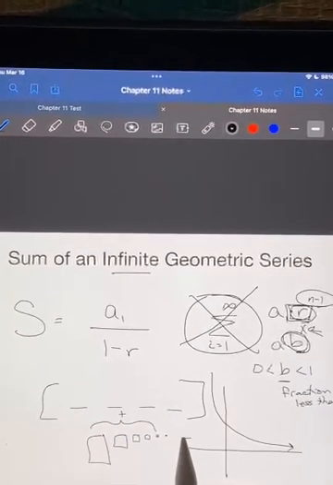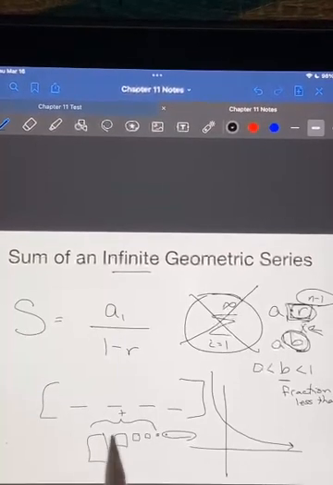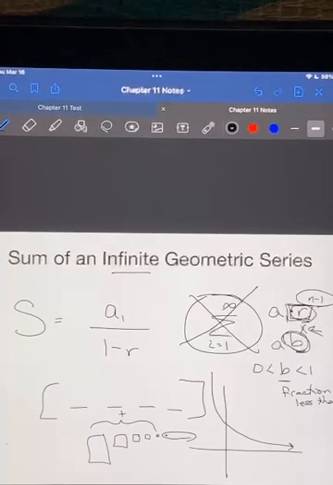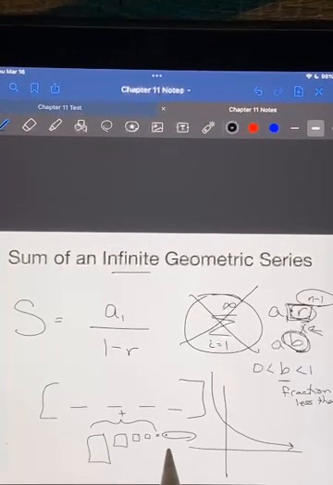But eventually, everything that we were adding to our bulk, excuse me, our bulk part, really was negligible. These pieces that we were adding were so small that they had no effect on the bulk of what we had.